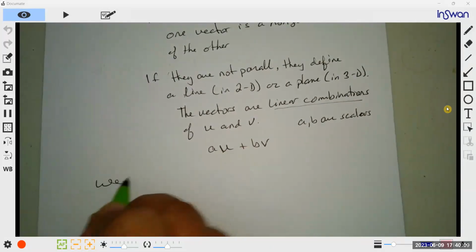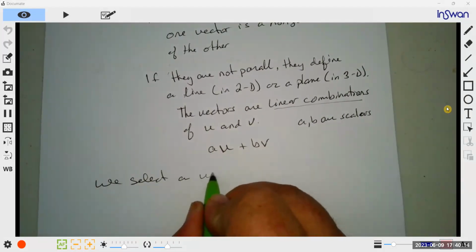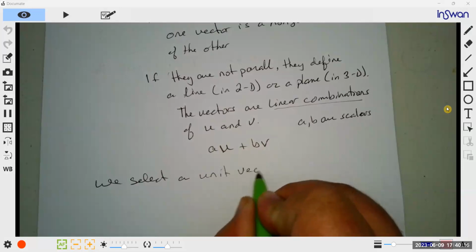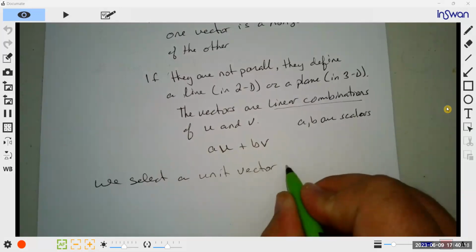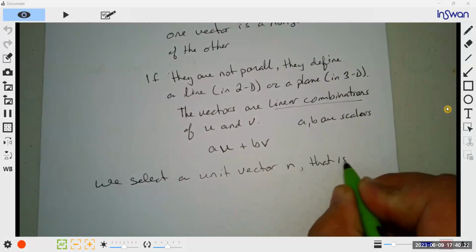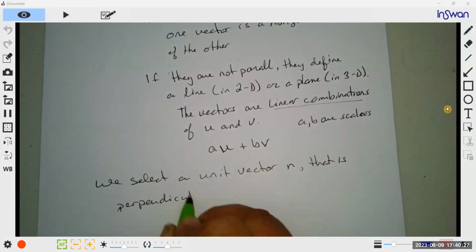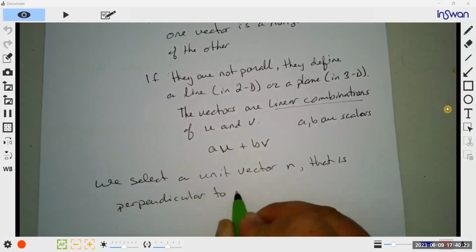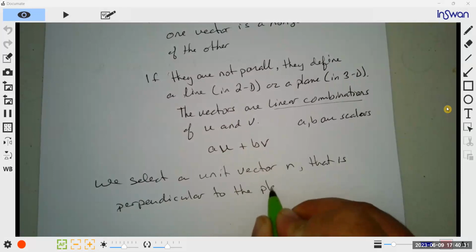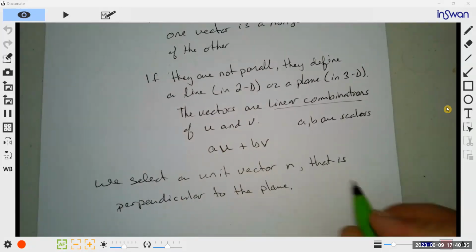So we select a unit vector, n, that is perpendicular to the plane. It's perpendicular to the plane.